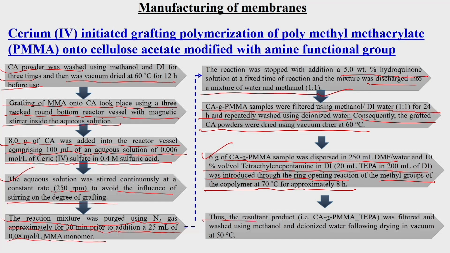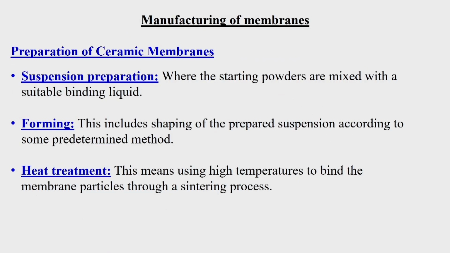Then the resultant product, CA grafted PMMA TEPA, is filtered and washed using methanol and deionized water, followed by drying in vacuum at 50 degrees Celsius. So this is how that type of polymeric membrane is formed for a particular application.